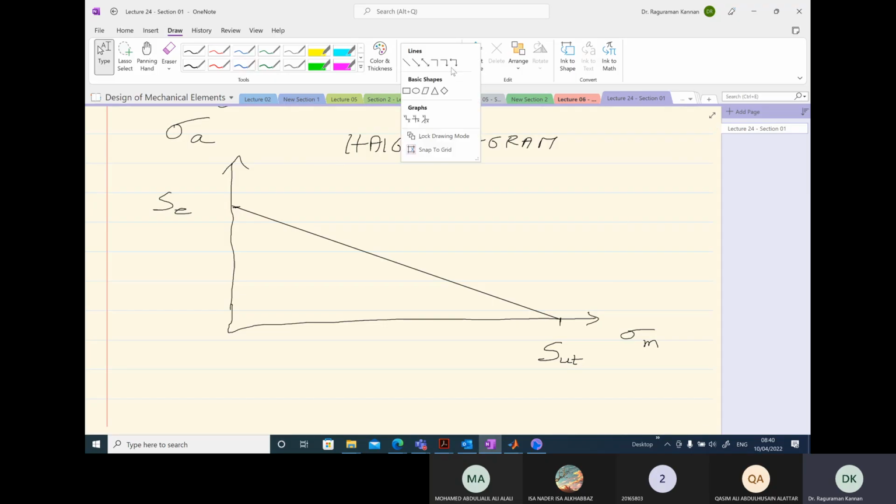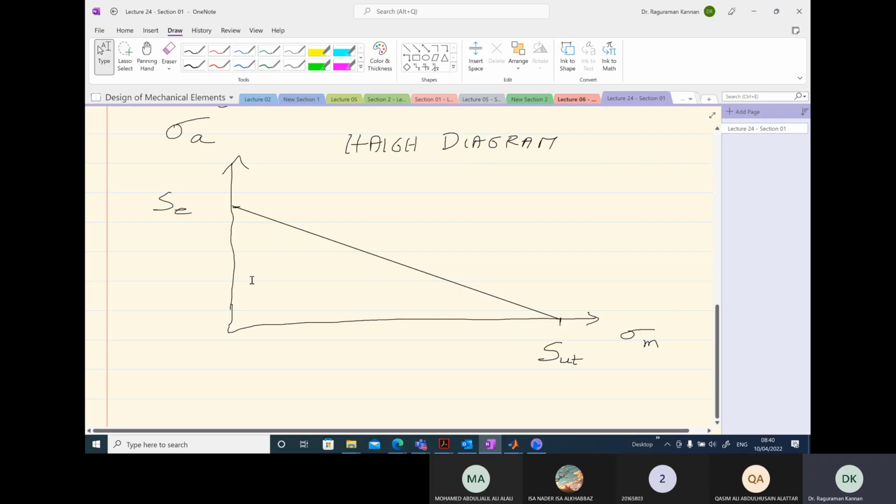Let's see if I can draw a curve here. Apparently not. So let me approximate the curve by hand.